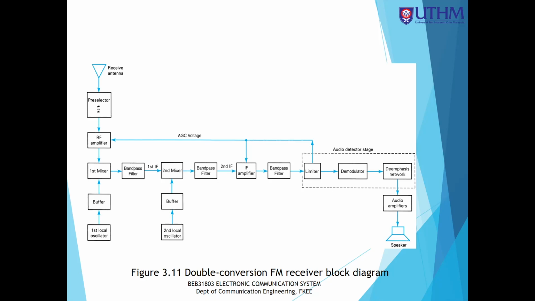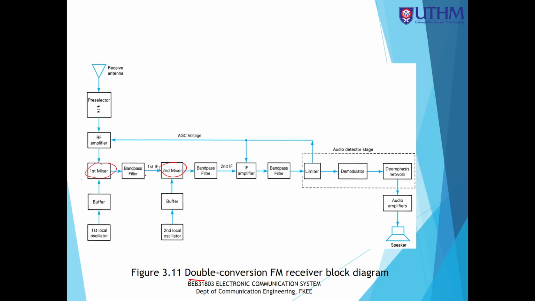The word here is double conversion FM receiver because we down convert the frequency 2 times. That's why we have the first mixer and the second mixer, and we have 2 IF.